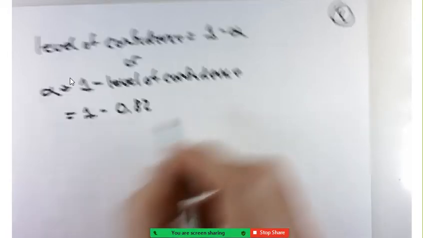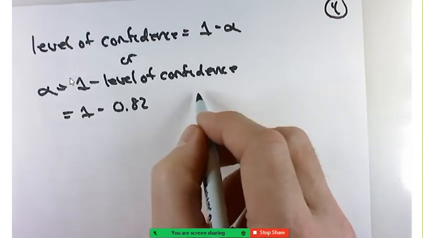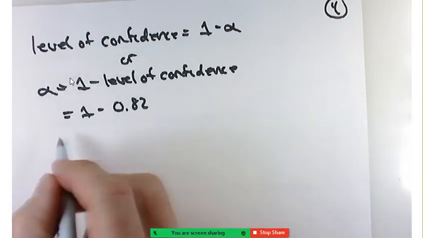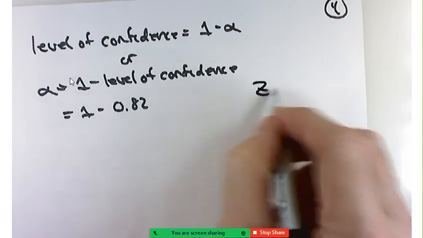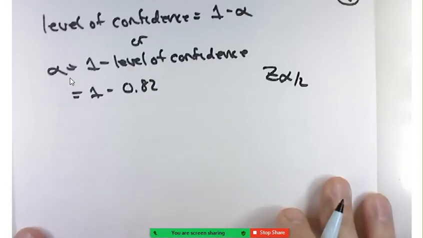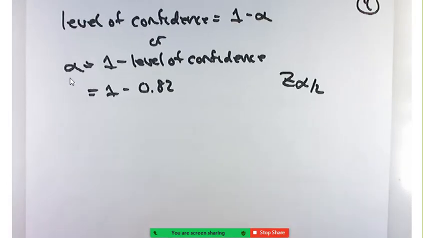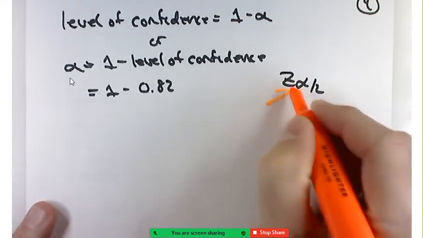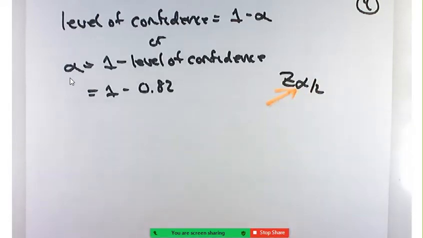Now something else that we need is we need to understand and remind ourselves what z sub alpha over 2 is all about. And the short story of what that's about is that it's a point on the z distribution with that much area in the right tail.